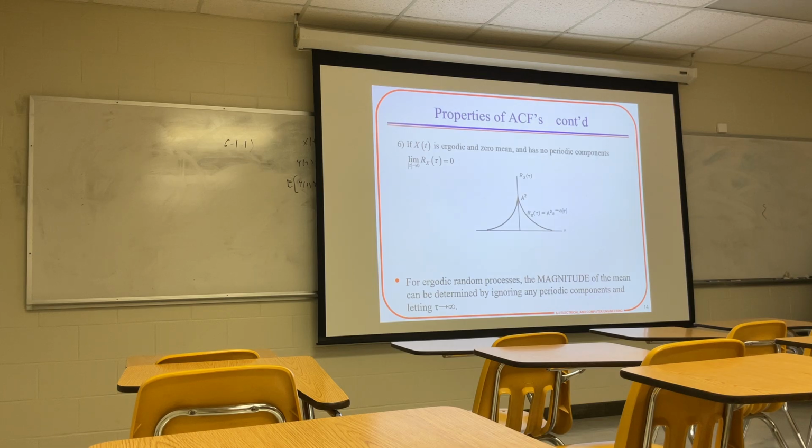N would be an integer. Now this is important. If x of t has no periodic components, that's useful to know. And you'll see most of this worked out in problems.